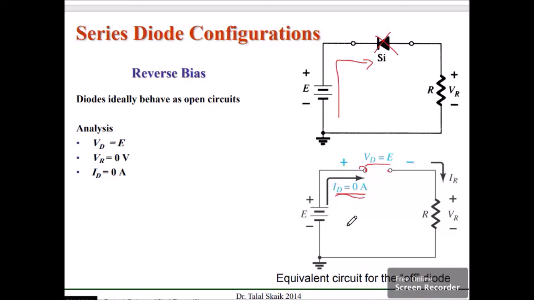Equal na siya dito. Bakit? Kasi 'di ba, based on your KVL, yung supply natin nade-distribute sa lahat ng mga elements dito, ng mga passive. So, tingnan muna natin ito. Ano ba ang formula ng voltage natin? Dito, VR. 'Di ba VR is equal to IR? Ano yung I natin? ID. So, we have ID times R. Now, in this case, naka-reverse bias tayo, your ID is equal to 0.